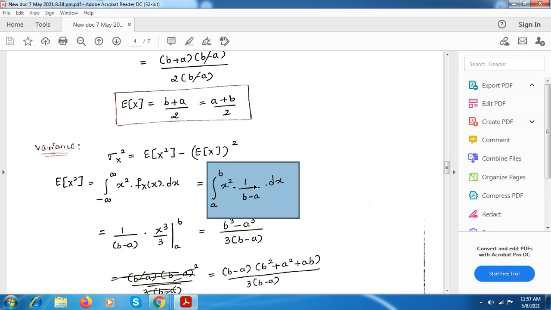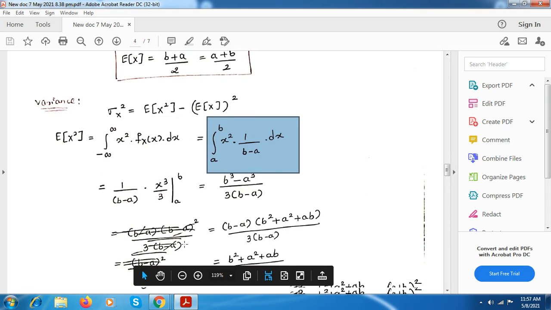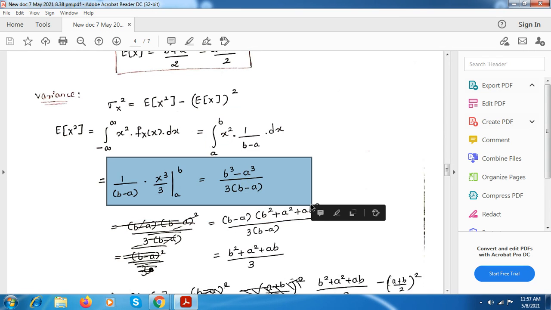And here this is constant, so just take this outside and the integration of x square is x cube divided by 3. And then you have to put the upper and lower limit. After integrating and substituting the upper and lower limit, you get b cube minus a cube divided by 3 into b minus a.